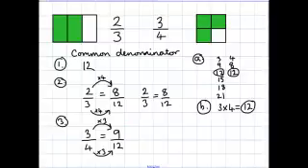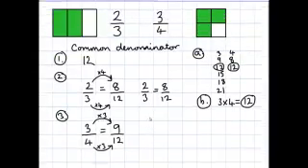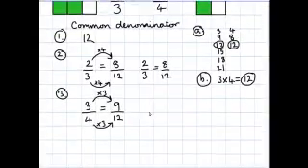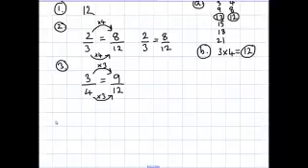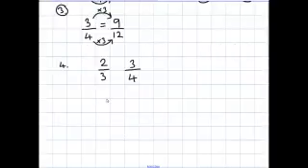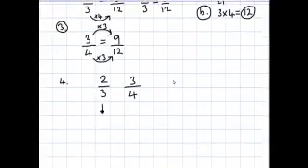Okay, so now I'm just going to rewrite those with their new fractions in there. So we started with 2/3 and 3/4. The equivalent of 2/3 with a denominator of 12 is 8/12.